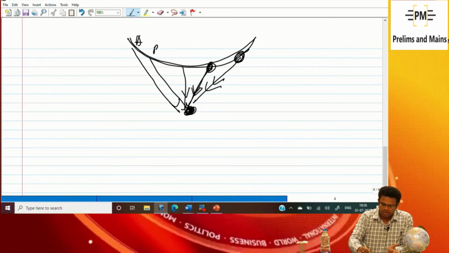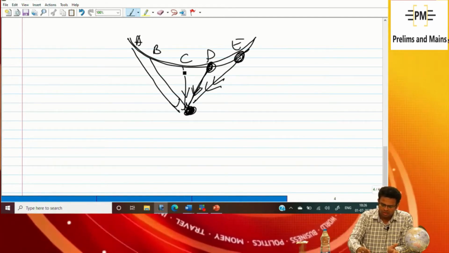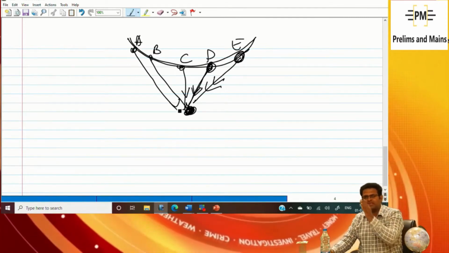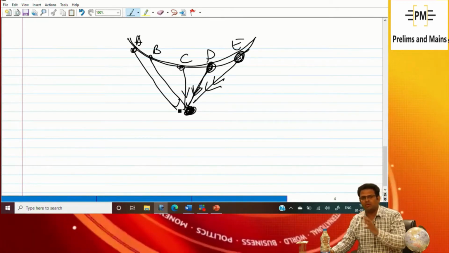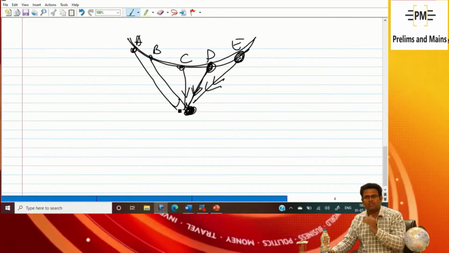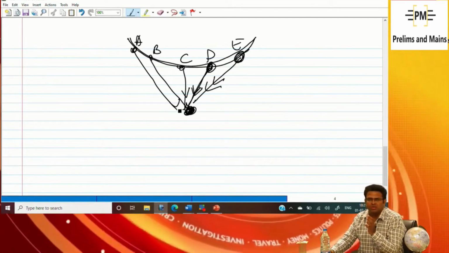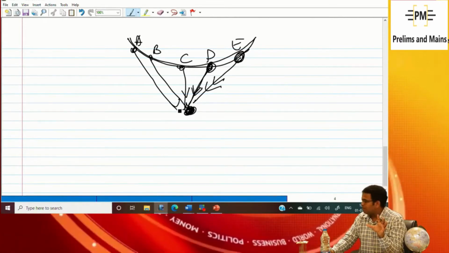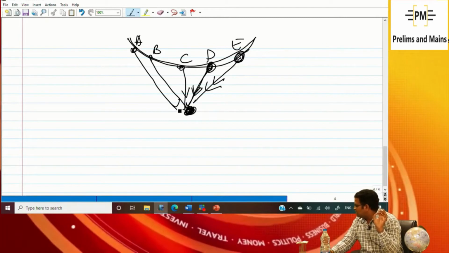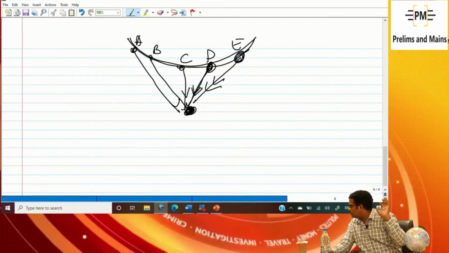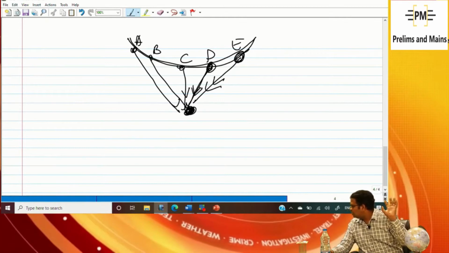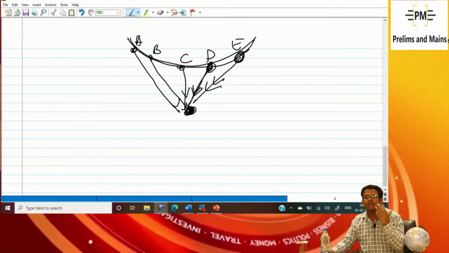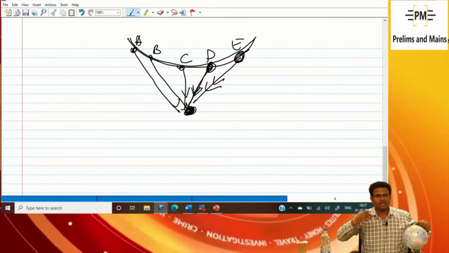So A, B, C, D, E. From the position of A you are always at the same position, you are looking at the same angle. From the position of B you are always looking at the same angle. From the position of C your position is not changing, you are stationary with respect to these different positions. Getting my point? Perhaps you understood. They do revolve around the earth, but it does not look like it is revolving.